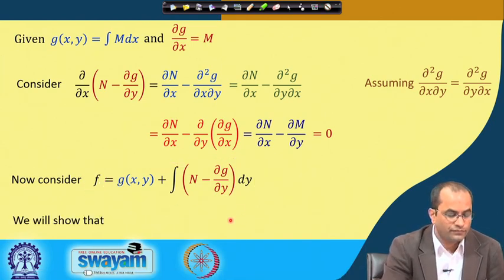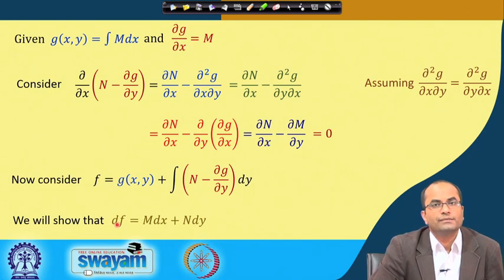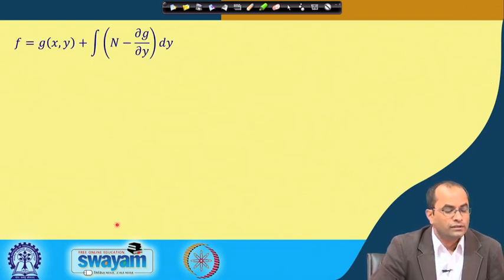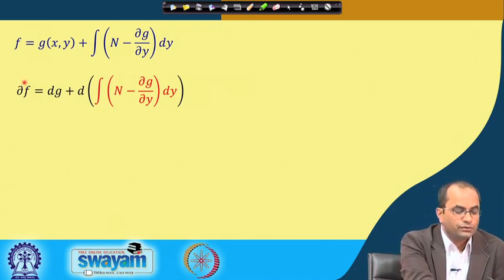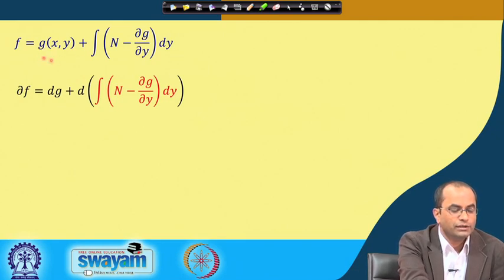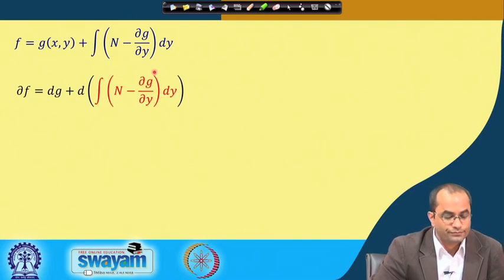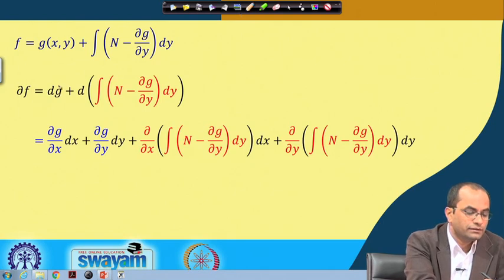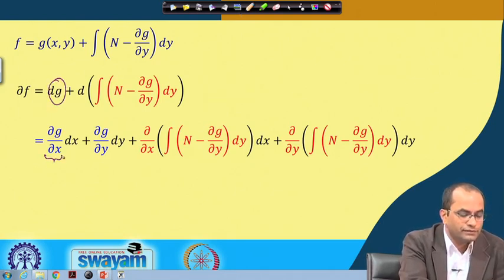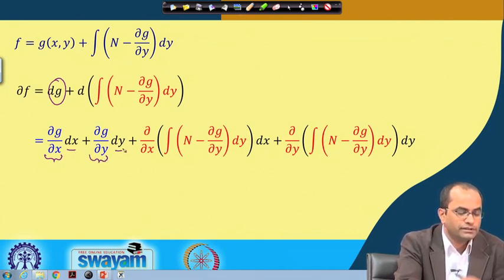Okay, so here we will show that this df is m dx plus n dy. This is our f, and if we take the differential of this f, so df is dg plus the differential of this function here, which is a function of y. As per the definition, dg is the partial derivative of g with respect to x and the partial derivative of g with respect to y, together with dx and dy.